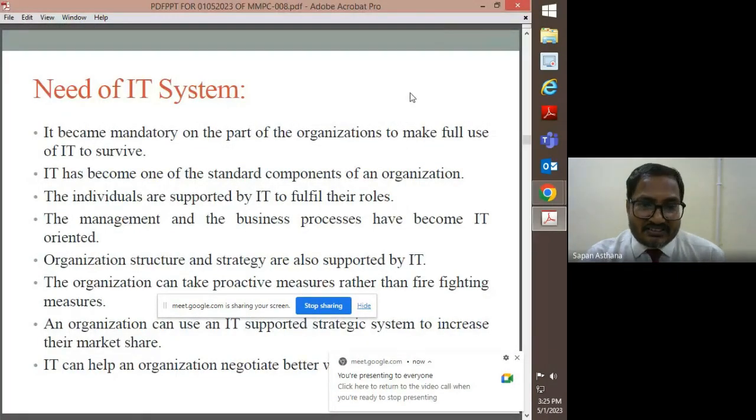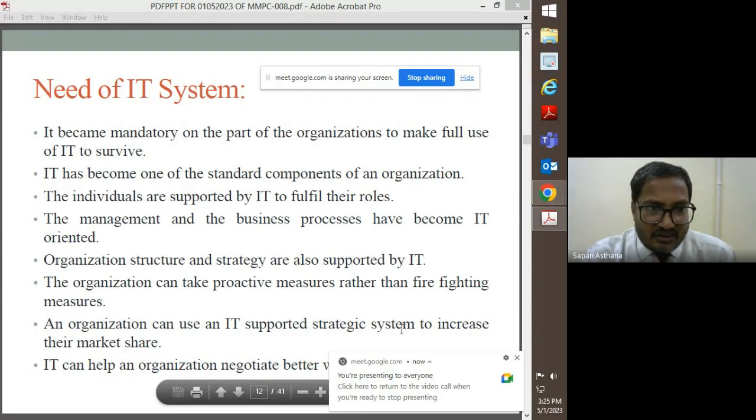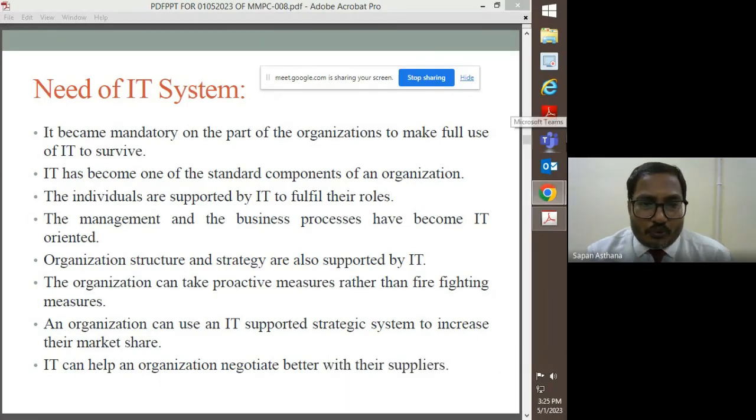Need of IT system. First, it became mandatory on the part of organizations to make full use of IT to survive. And second, it has become one of the standard components of an organization.